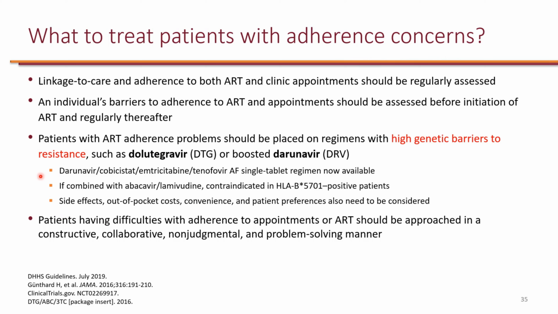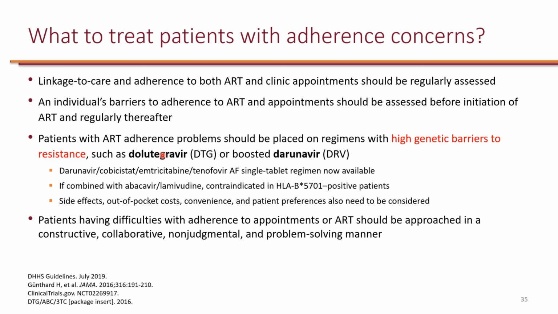So we can use either dolutegravir or darunavir. Darunavir is a protease inhibitor, and dolutegravir is a second generation integrase inhibitor. And because they have a high genetic barrier, they are recommended in these patients, because if they miss a dose or two, these drugs are less likely to lead to resistance compared to other regimens.